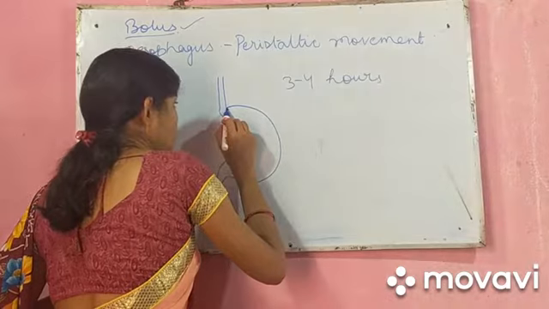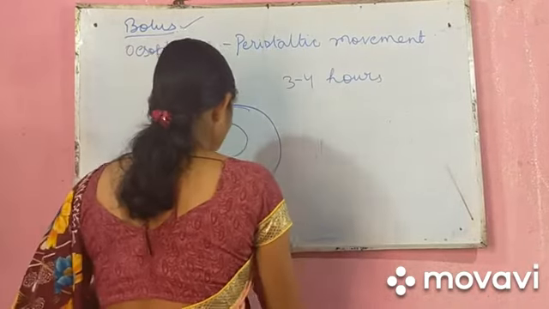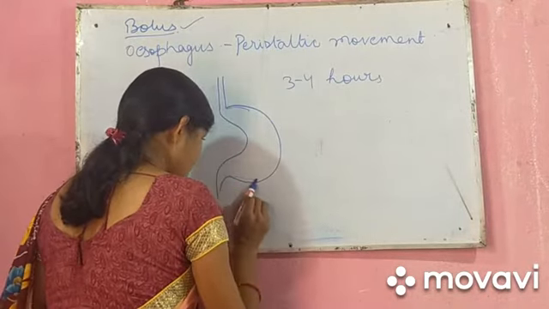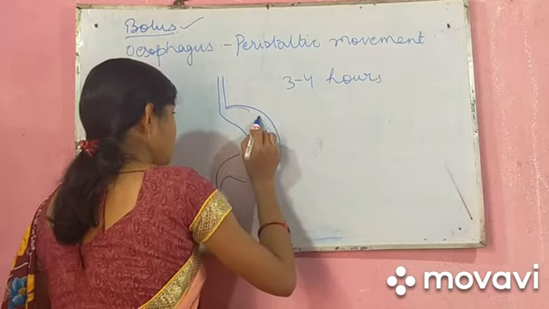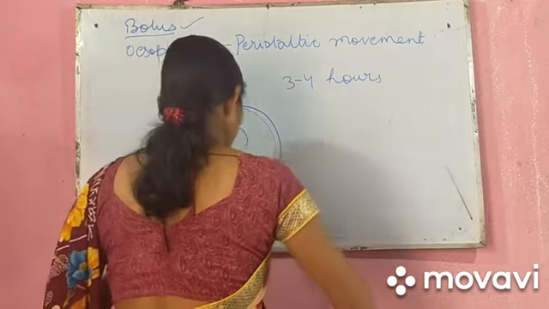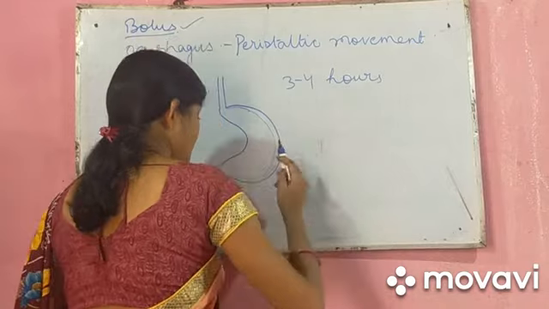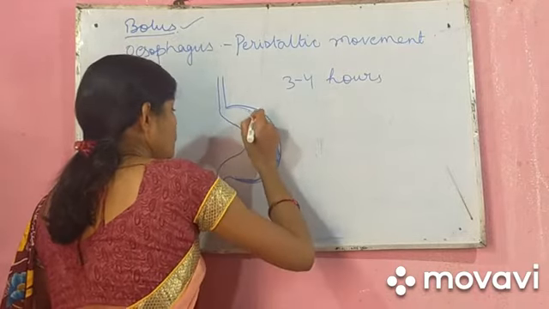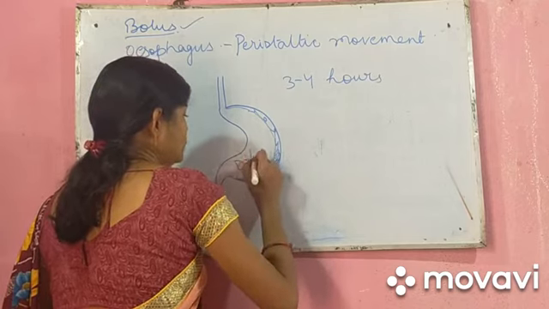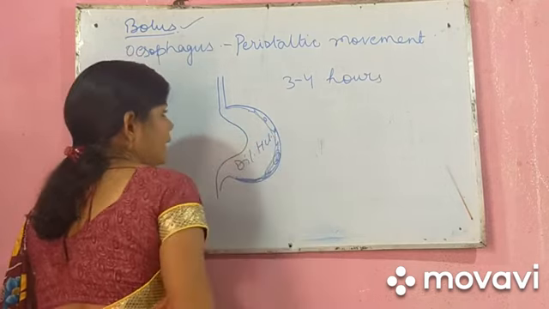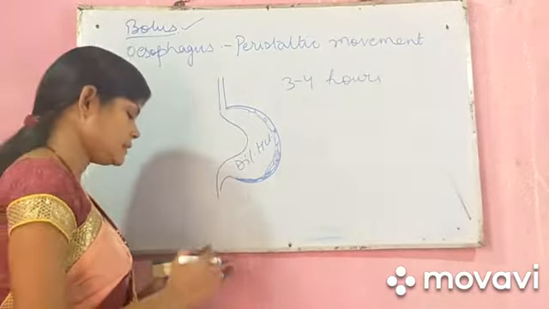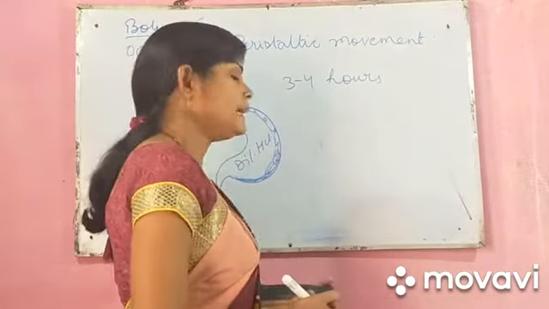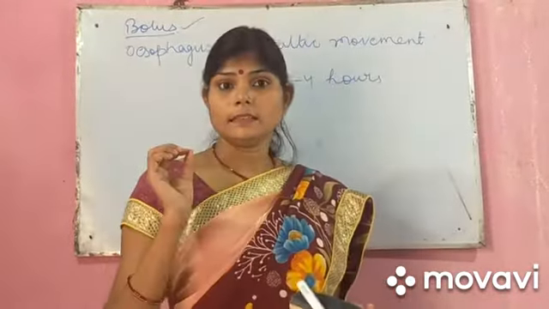In the stomach, we have a mucous membrane lining. This is the mucous membrane lining. And we have dilute HCl.